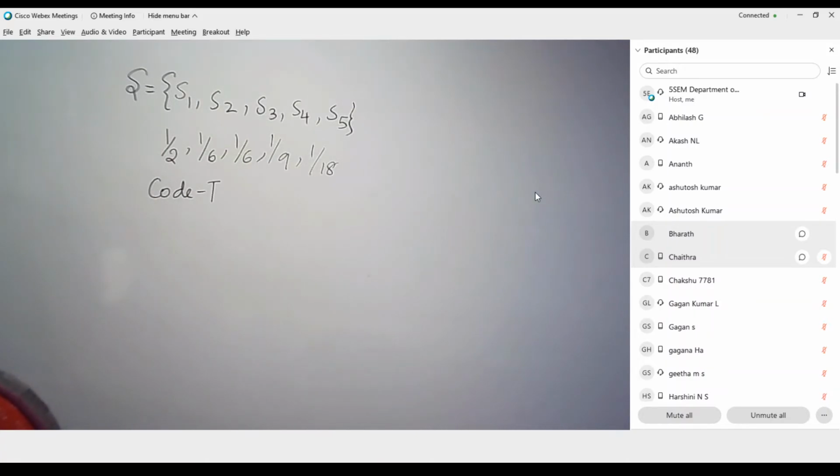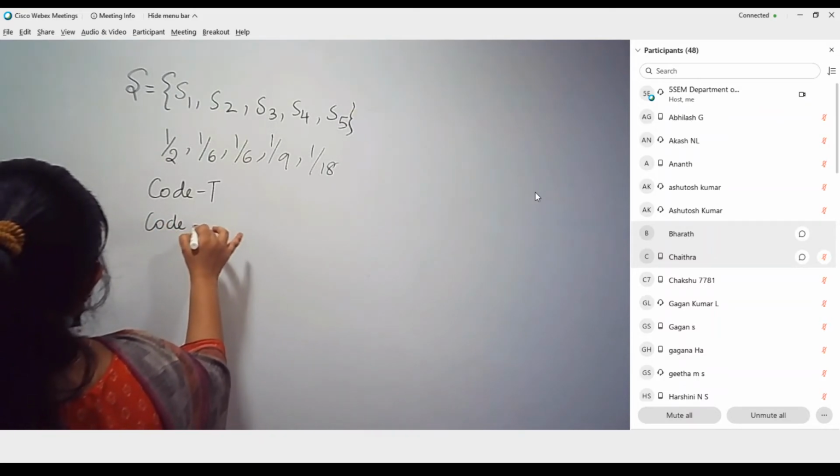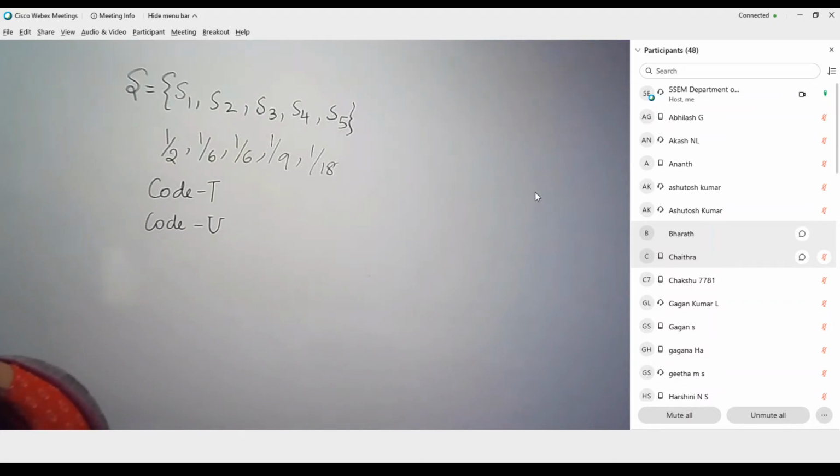This is the first sub question. Second sub question: when these symbols are coded as code U, find code efficiency and redundancy.